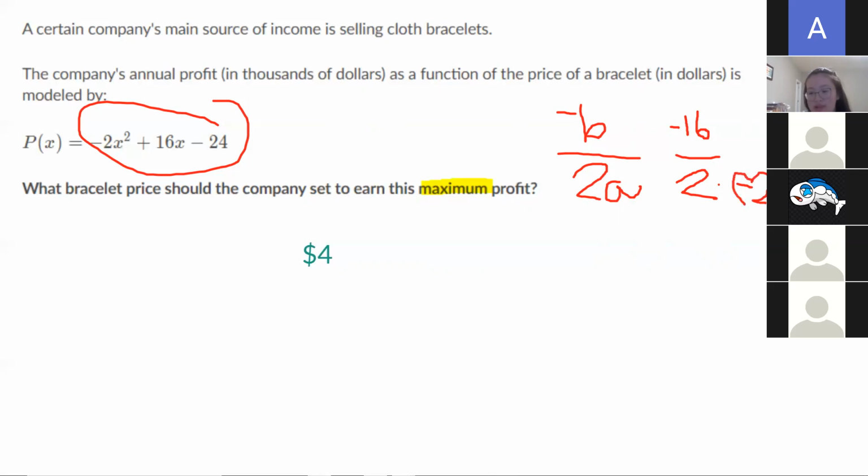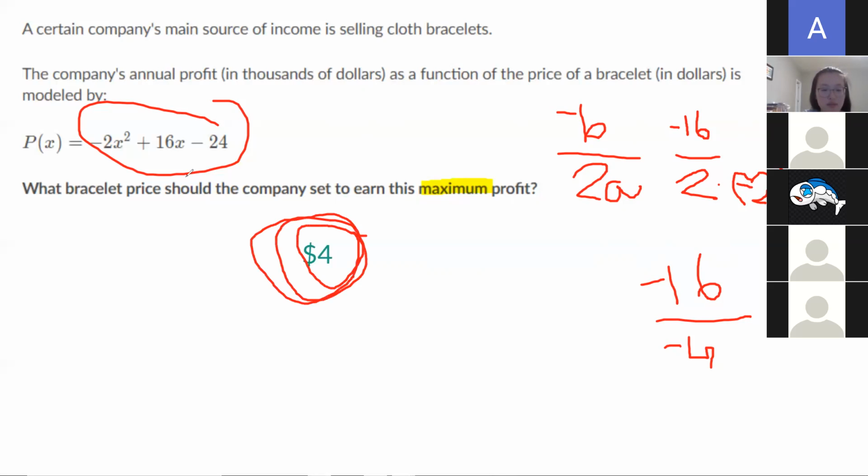So what is 2 times -2? -4. Good. So -16 divided by -4 would give you 4. So that's where you get the 4 from.